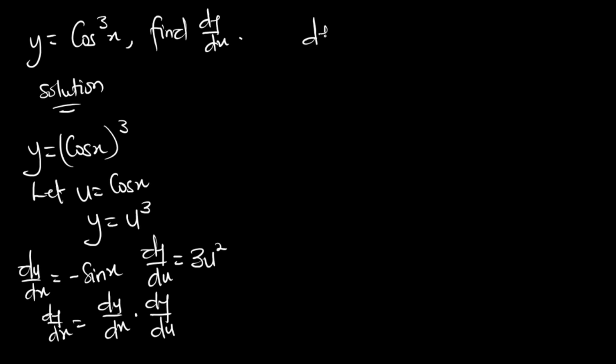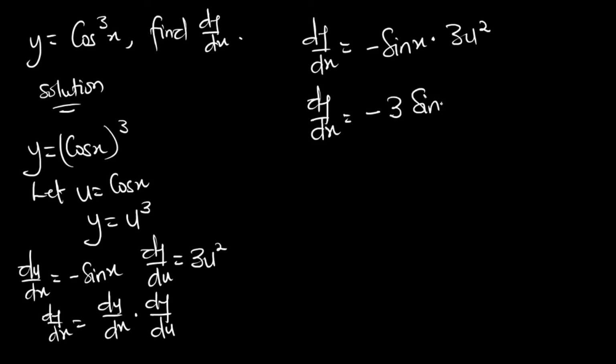So it means my dy/dx is equal to negative sin x multiplied by what? 3u². So dy/dx is equal to negative, I bring the 3 outside, 3 sin x multiplied by what? u².